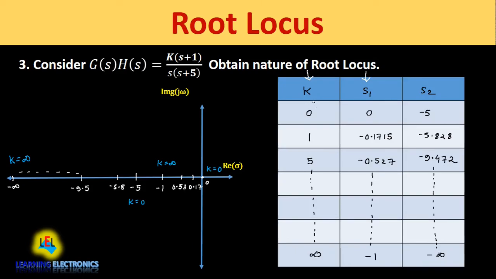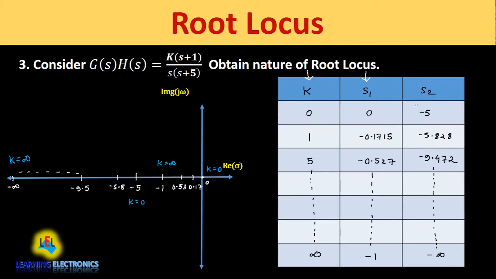When we put k is equal to 0 in the s1 equation, we will get 0. For k is equal to 1, we get s1 is equal to minus 0.1715, and for k is equal to 5, we will get s1 is equal to minus 0.527. Similarly, for k is equal to infinity, we will get s1 is equal to minus 1.